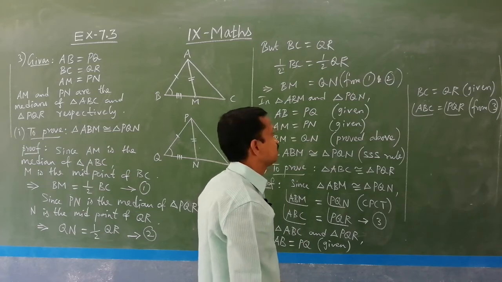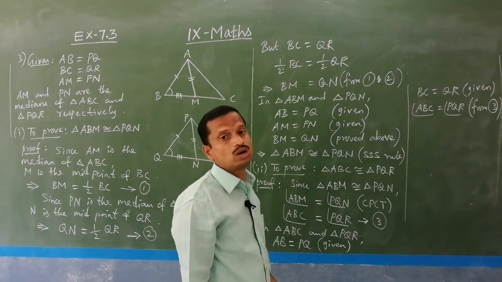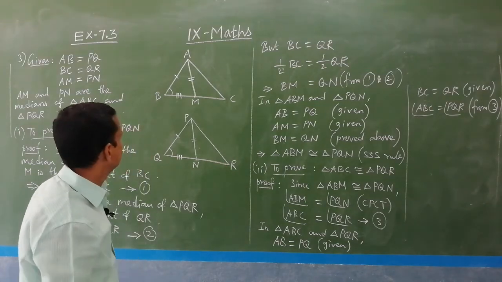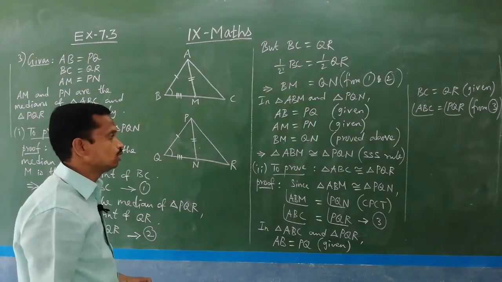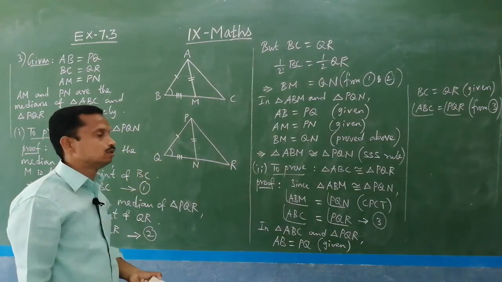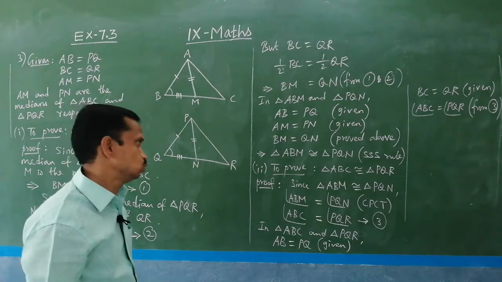So now we have two pairs of sides and one pair of angles, and that is also the included angle. From the figure we can observe that the angle is included between these two sides. Okay, so we can say by SAS rule they are congruent.